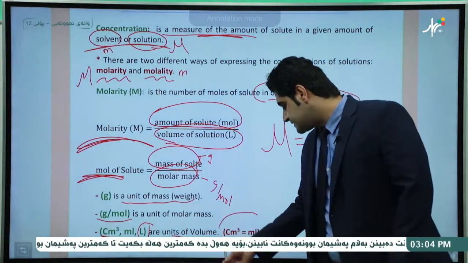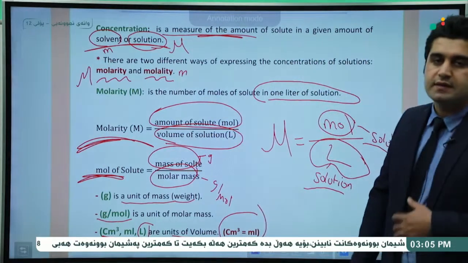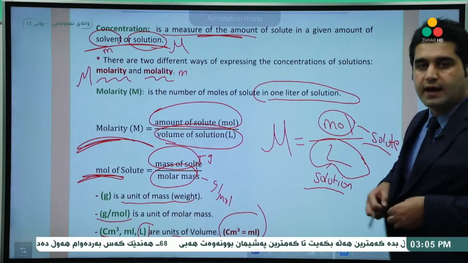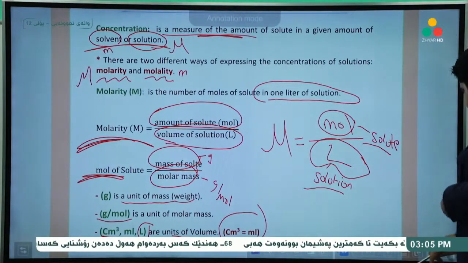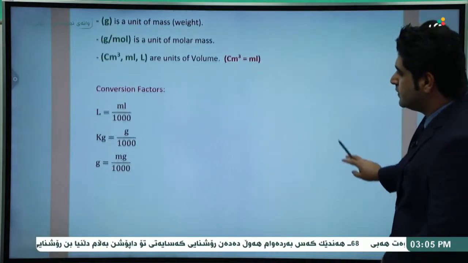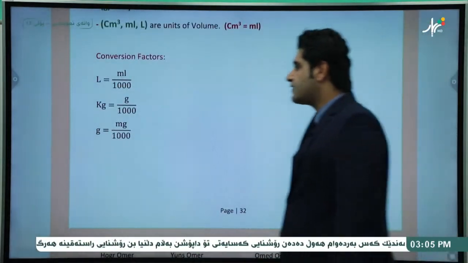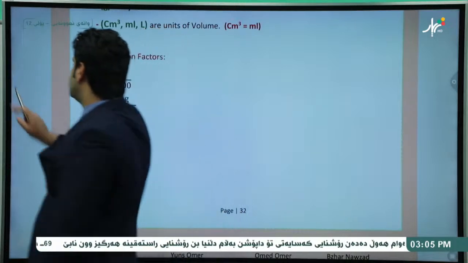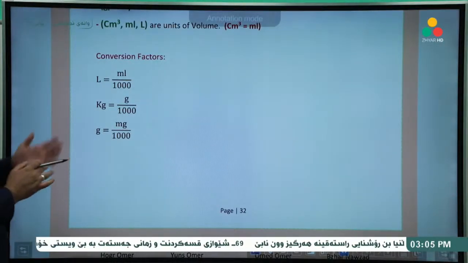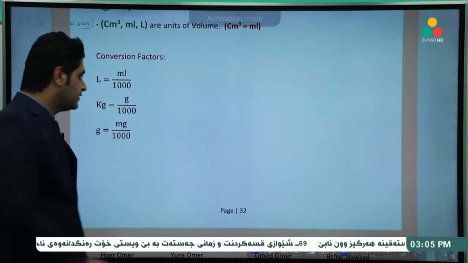And as we know, centimeter cubed is equal to milliliter. It means 1 centimeter cubed is equal to 1 milliliter. Okay. Now, let's talk about the conversion factors. Well, I will remind you how to convert milliliter to liter or liter to the other units.